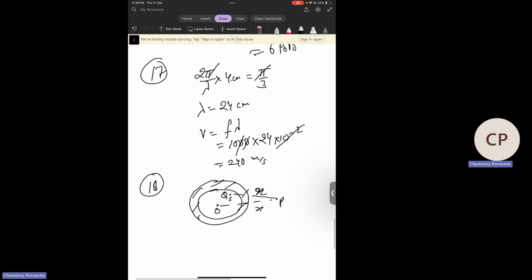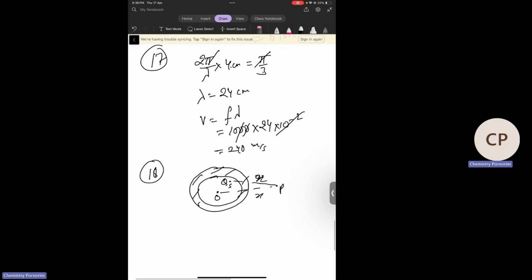Now find electric field at point P. So due to electrostatic property, field due to induced charge inside this sphere and Q becomes 0, and charge is uniformly distributed. This charge Q comes at the outer surface of the sphere, and due to this outer charge, field at point P becomes kQ upon x square. Option A.